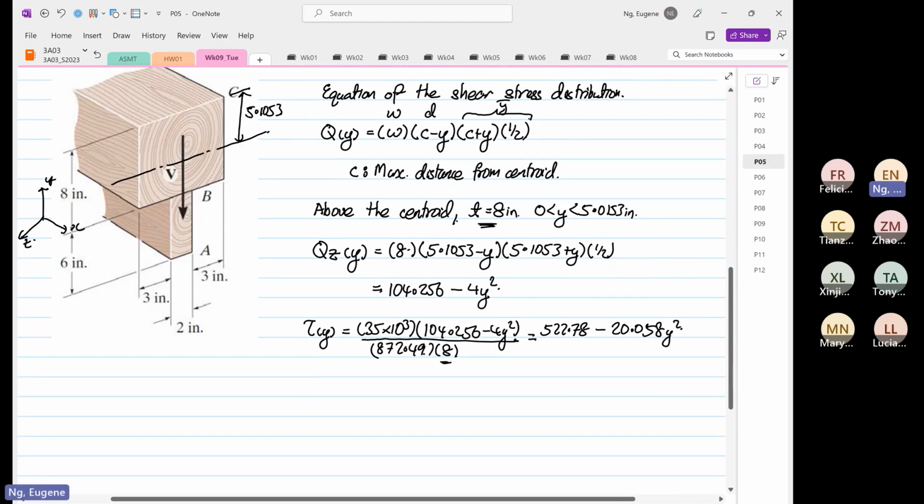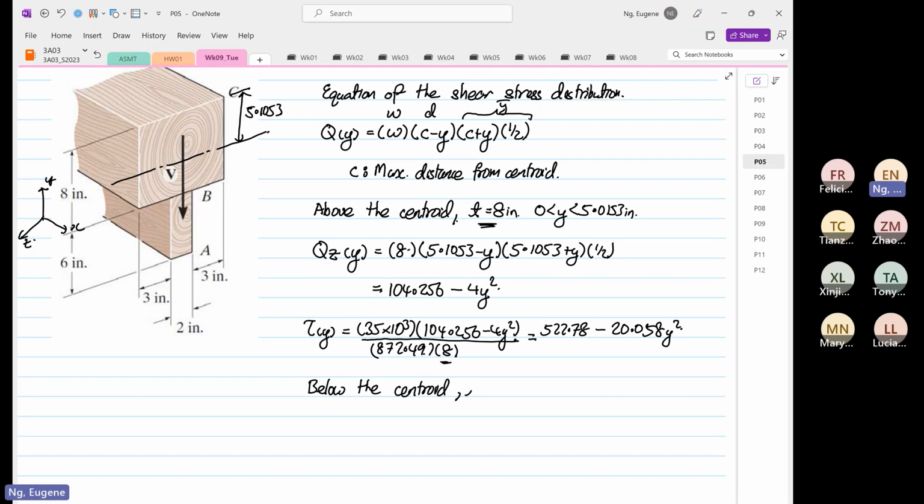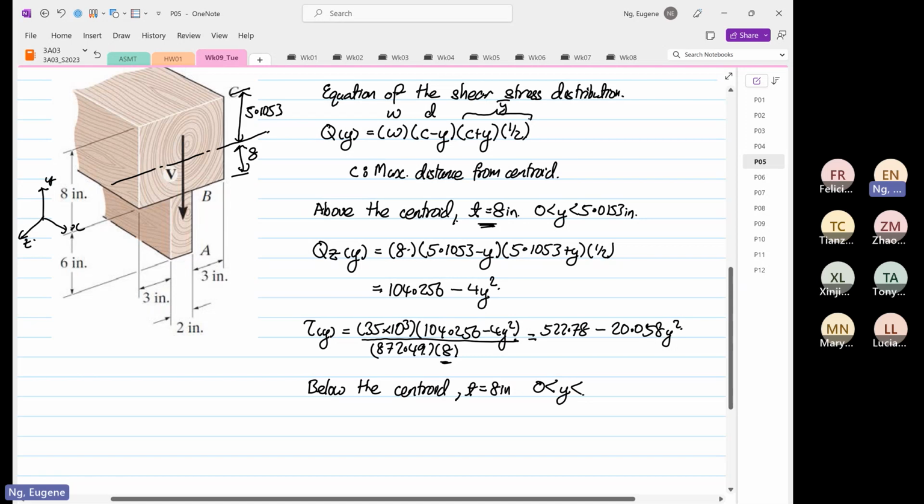So now we consider below the centroid, and t is equal to 8 inches, so 0 to y, and this height over here is 8 minus 5.1053, which is 2.8947.